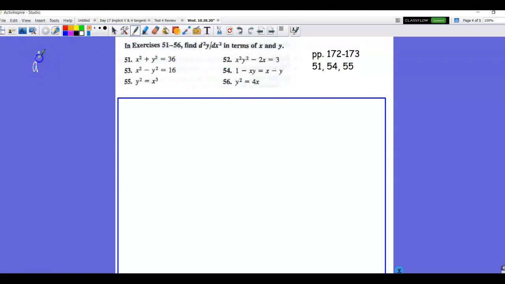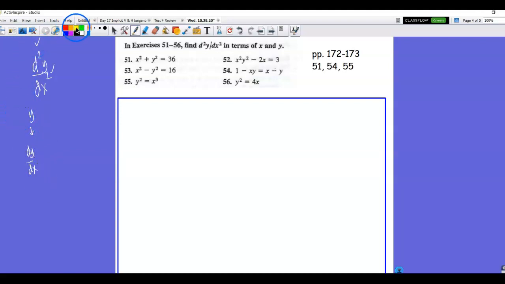Notice how that's written, d squared y over dx squared. So let me take just a second to explain that notation to you, why the square is here on the d and then the square is here on the x. So think about when you have a function whose name is y and we take the derivative of y, one way of writing that is dy over dx.